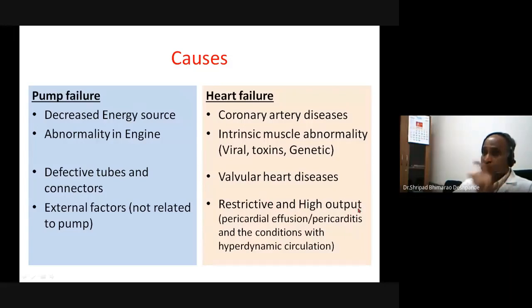I mentioned two components, pericardial effusion and pericarditis, which concern the restrictive component. The conditions that increase the circulation, what is called hyperdynamic circulation, produce high output failure. In this hyperdynamic circulation, thyrotoxicosis is one of them, Paget's disease, arteriovenous shunt, anemia.